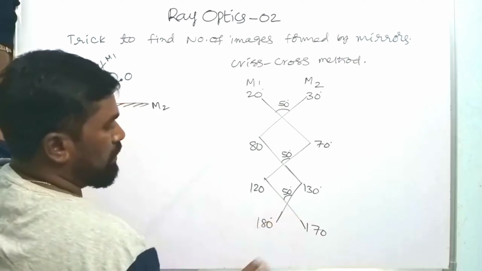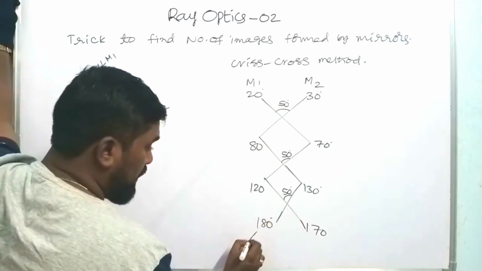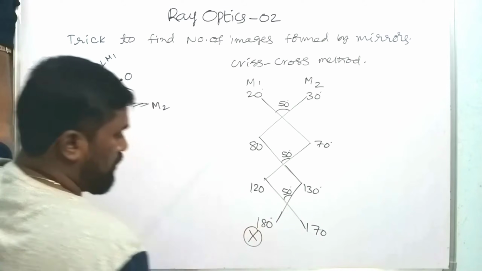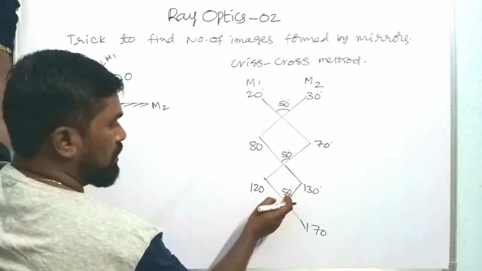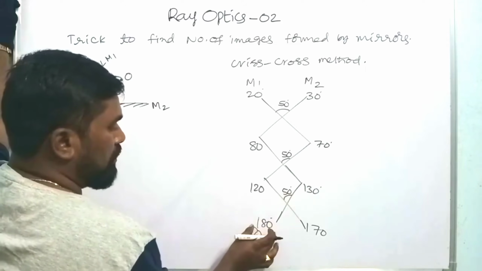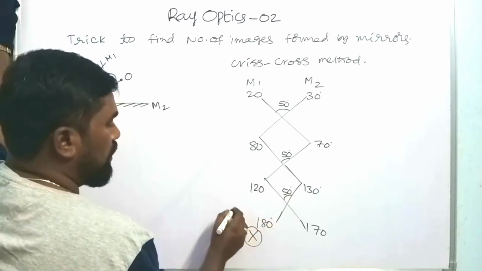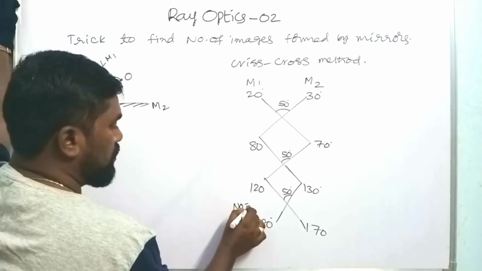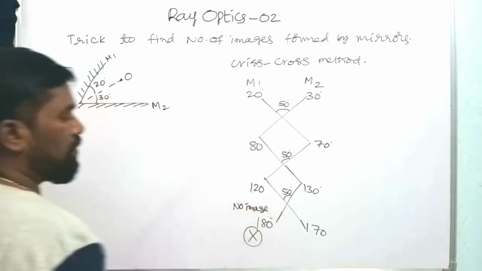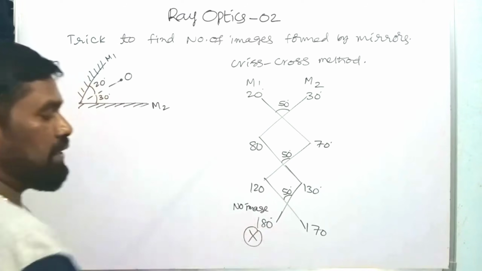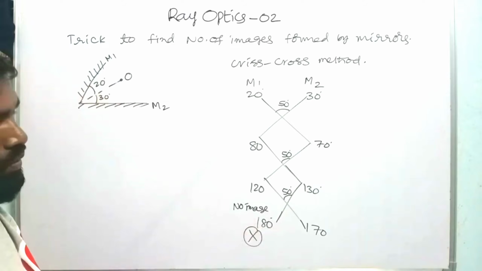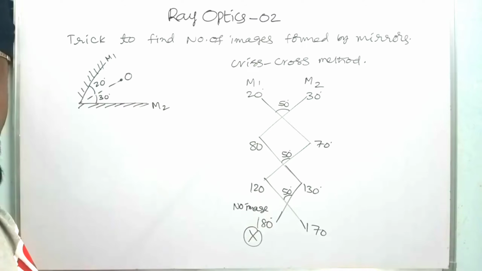Okay. So here at 180, there is no image formed. Remember, if it is 130 plus 50, that is 180. If the total angle is 180 degrees, then no image will be formed, or if it is greater than 180 degrees, no image will be formed.